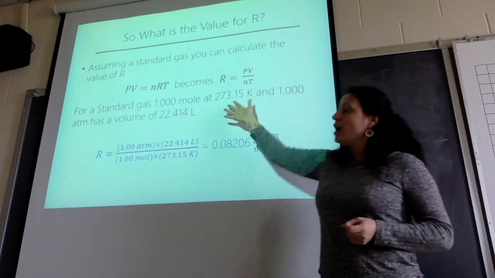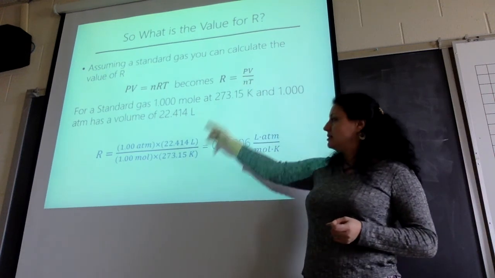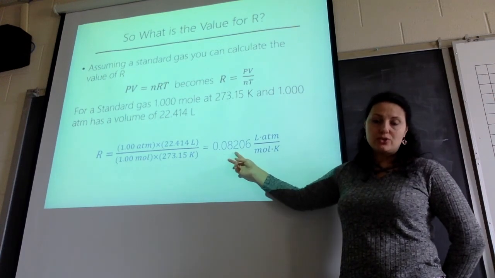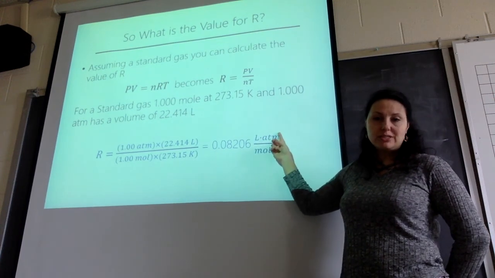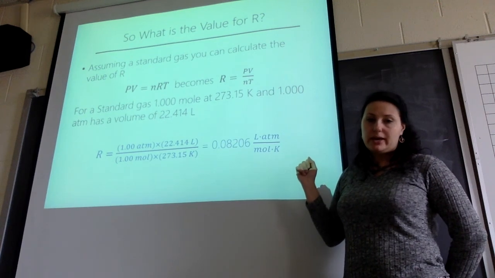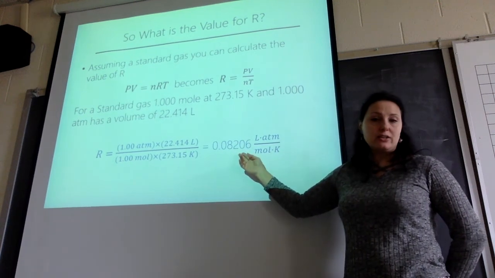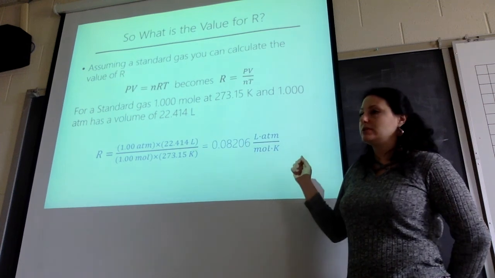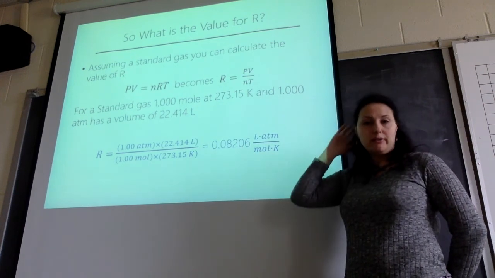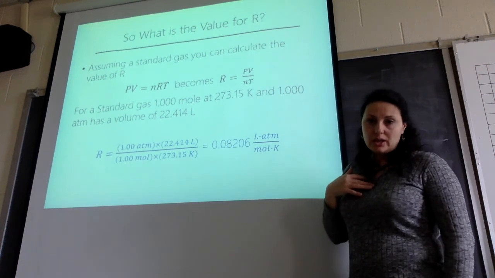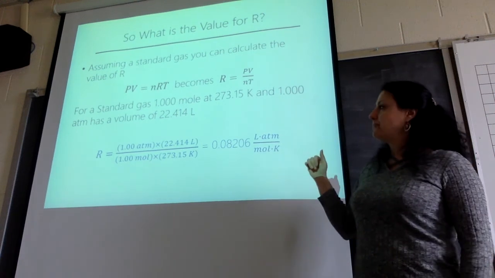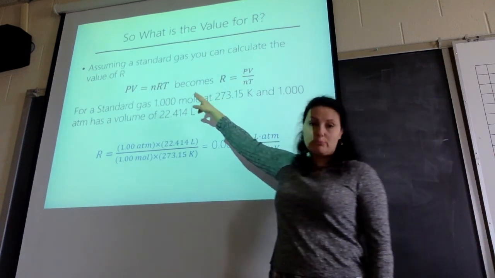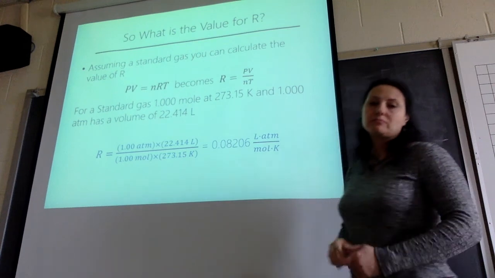If I plug in all of these numbers, I get a constant of 0.08206 liter atmosphere per Kelvin mole. That is the ideal gas constant. I will be providing this for you, so you don't have to necessarily memorize it, but you need to memorize that formula.